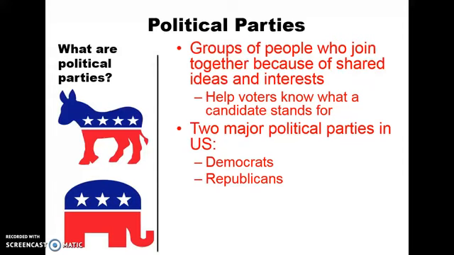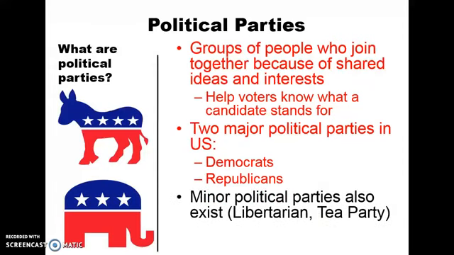Now, there are many other minor parties that definitely this year in the election year you're going to hear about, like Libertarians, Green Party, Tea Party, but these are minor political parties. And to my best knowledge, I don't believe any of them have ever been elected to any major national office. They may be elected to serve in our U.S. House of Representatives or the U.S. Senate or at various state offices, but never to any major political office.